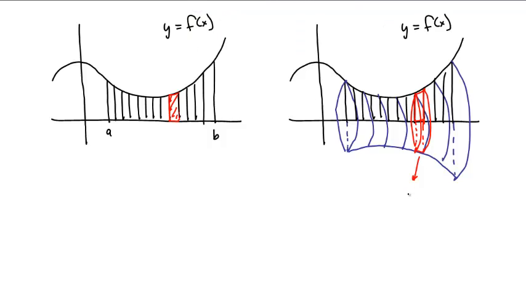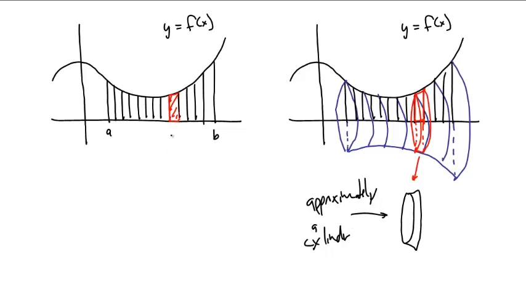It's going to be a shape that's an awful lot like a cylinder. Almost. It flanges out a little bit, but it is approximately a cylinder. Just as we added up this area by pretending that each one is a rectangle, we could do the same thing actually.